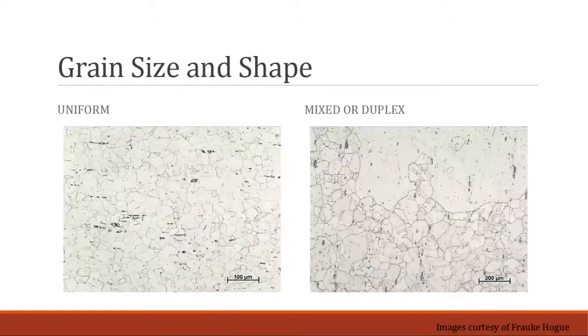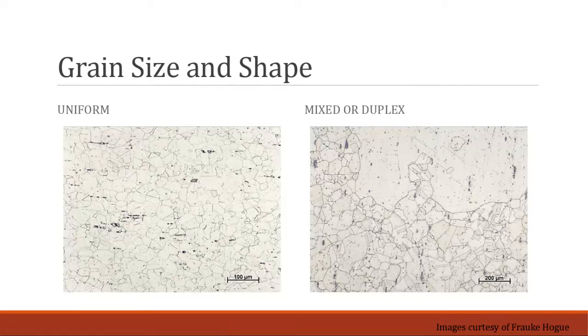Now when we're talking about grain size and shape, we're looking at what is considered to be a uniform grain structure, or something that might be a mixed or duplex grain structure. When you have a uniform grain structure, it is essentially one grain size throughout the entirety of your sample.